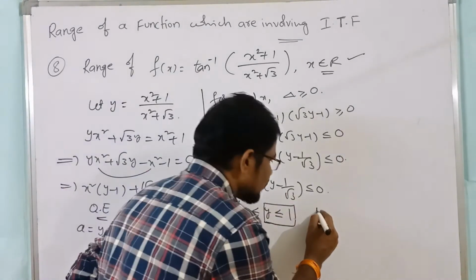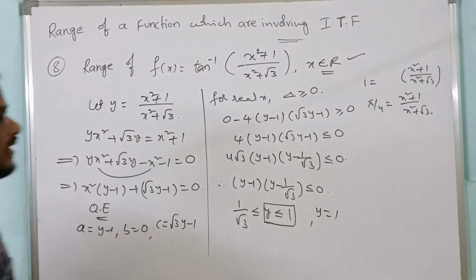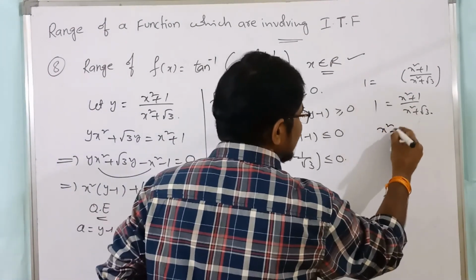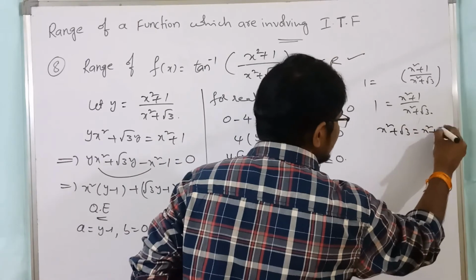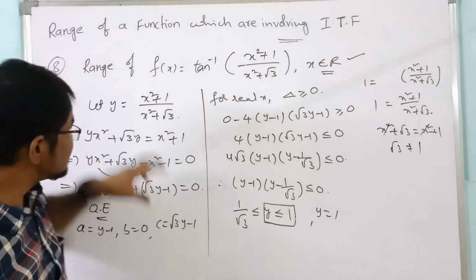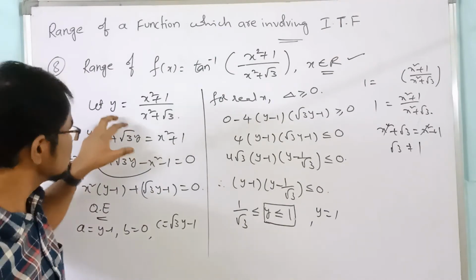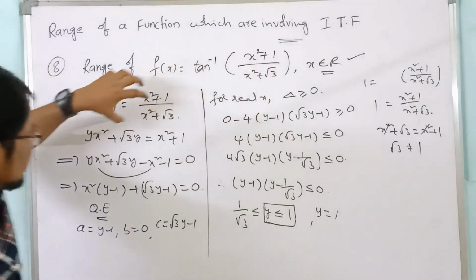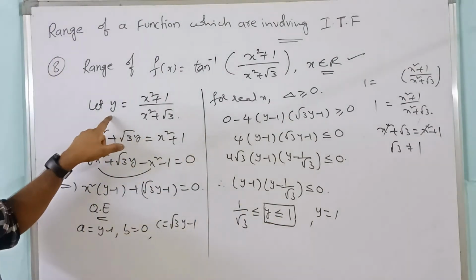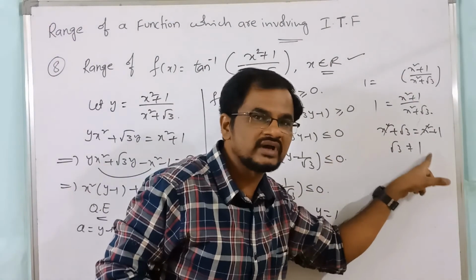If you take y equal to 1, cross multiplication gives x square plus root 3 equal to x square plus 1, x square gets cancelled. Here I am taking this expression as y, so if you substitute y equal to 1, root 3 equal to 1 we get.